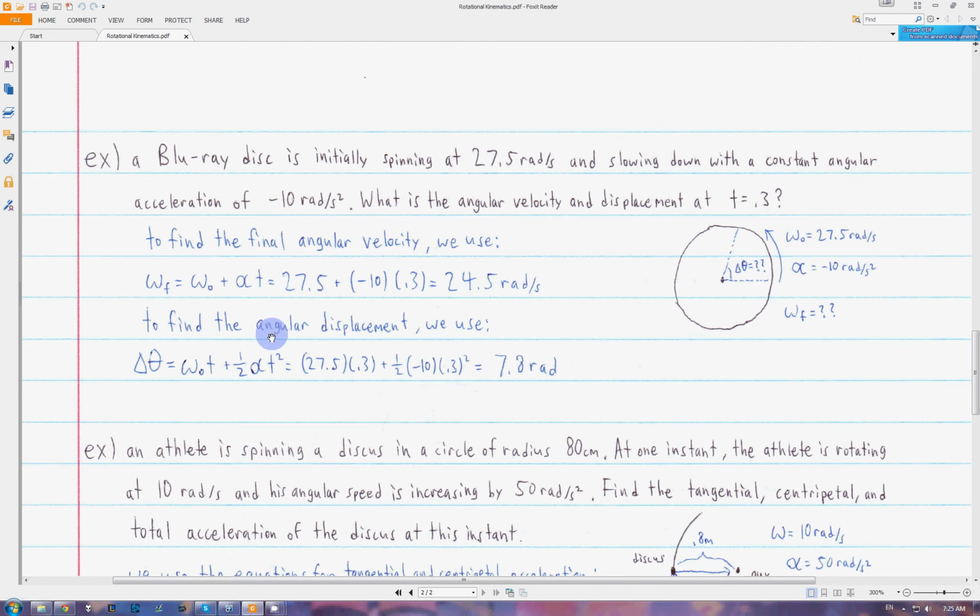And to find the angular displacement, we use this equation, which is the equivalent of d equals initial velocity times t plus 1/2 a t squared. And so the angular displacement is 7.8 radians.